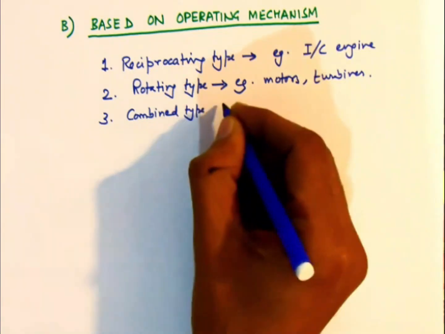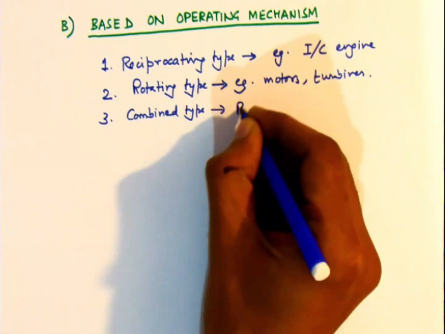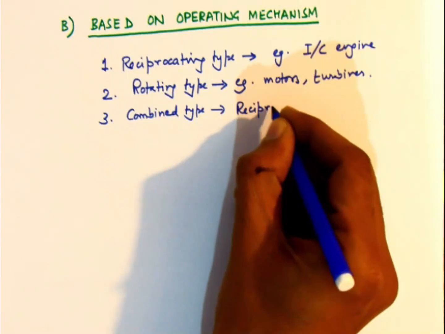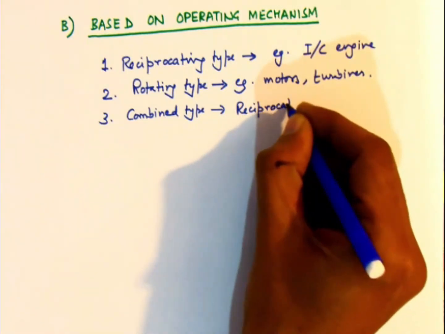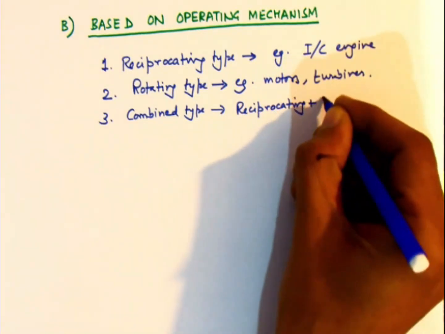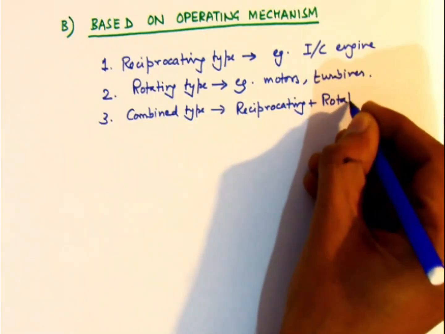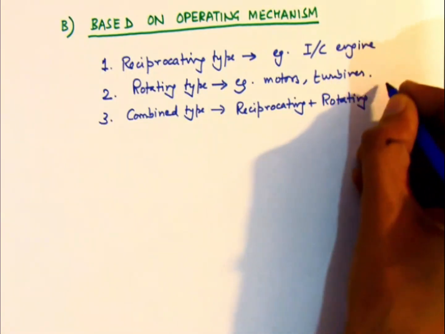Such machines usually involve conversion of one type of motion into other, that is rotating motion into reciprocating type or vice versa.